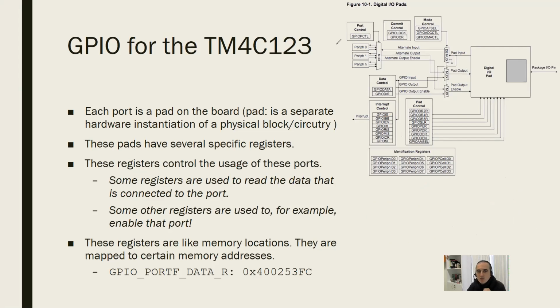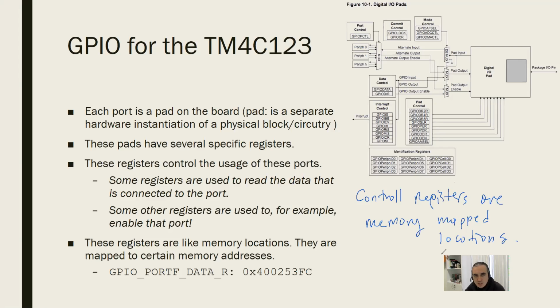In order to understand how to change it, we must understand that these control registers are memory mapped locations. Control registers are memory mapped locations. What does this mean? Let's read the text in this slide.